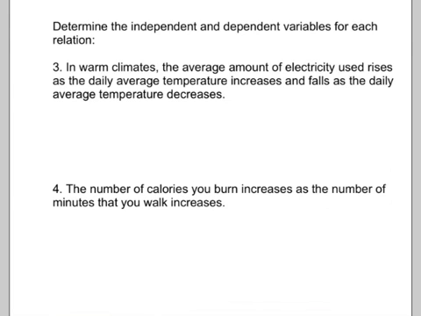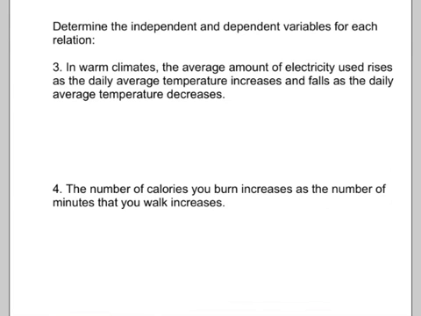For example, in the example I gave earlier, the amount of money that I earn is going to be dependent on the number of hours that I work. Okay? The hours that I work isn't dependent on how much money I make. It's the other way around. So the amount of money would be the dependent variable. Okay? The hours that I work would be the independent variable.